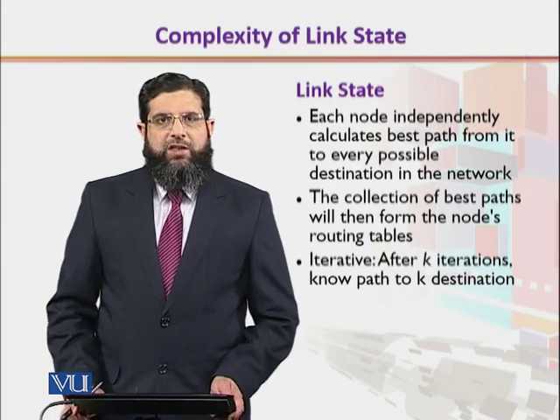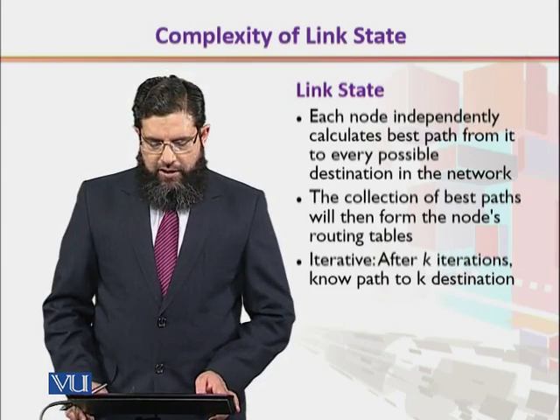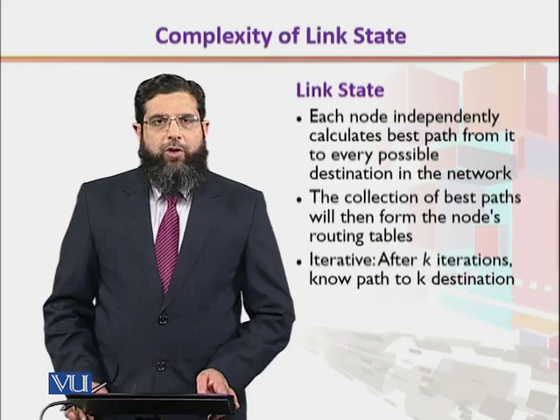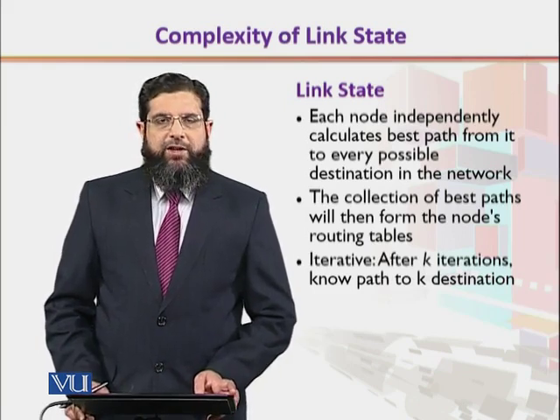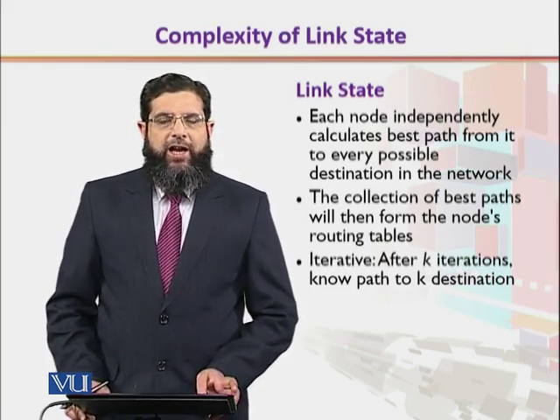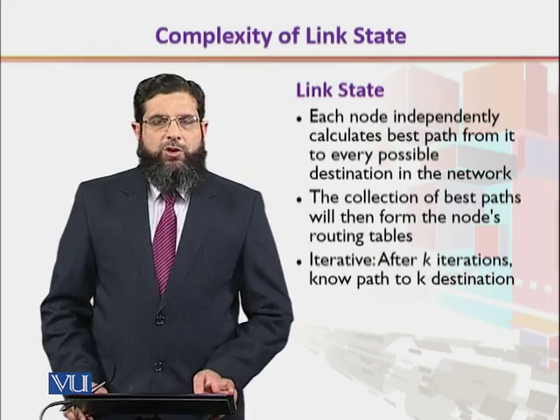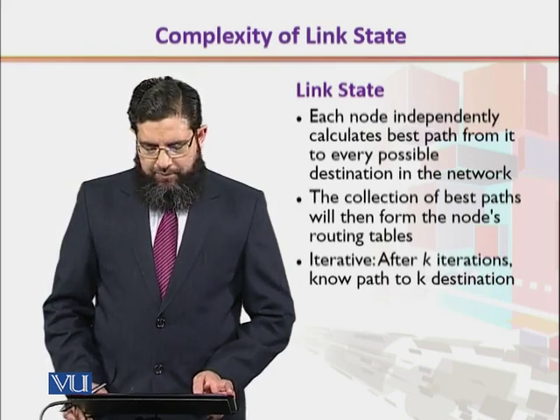The implementation through link state is carried out as follows. Each node independently calculates the best path from its own self to every possible destination in the network. That is, if there are n nodes, and you are sitting at one of the nodes, the total number of discoveries would be n minus 1.